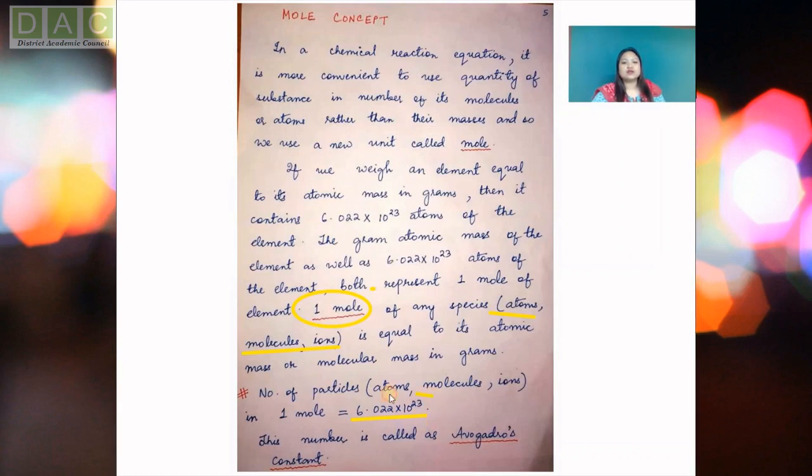And this number is known as Avogadro's number or Avogadro's constant. So this 6.022 into 10 to the power 23 is known as Avogadro's number or Avogadro's constant.